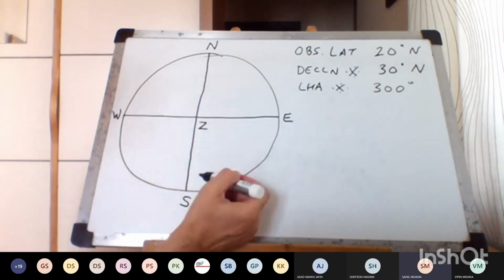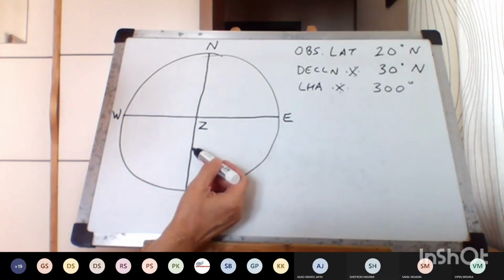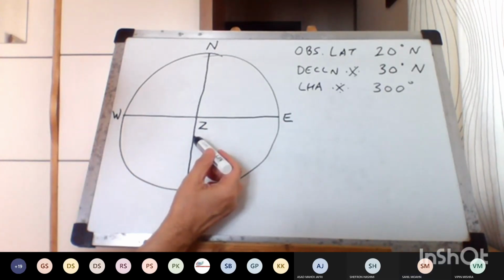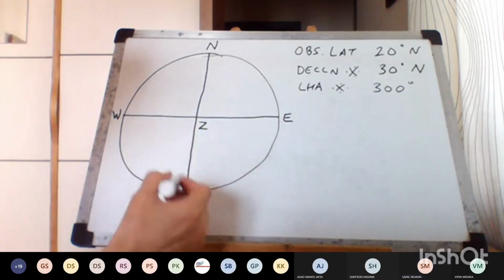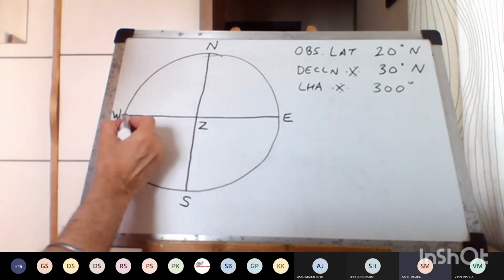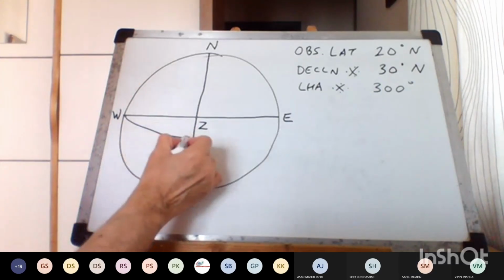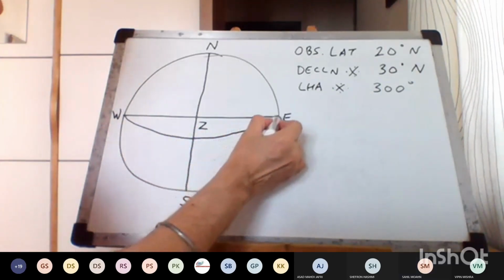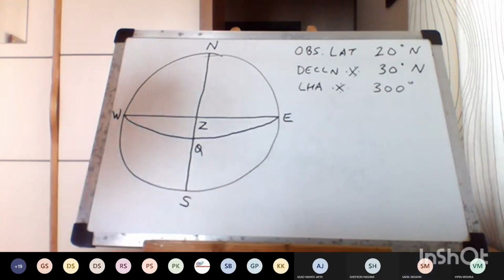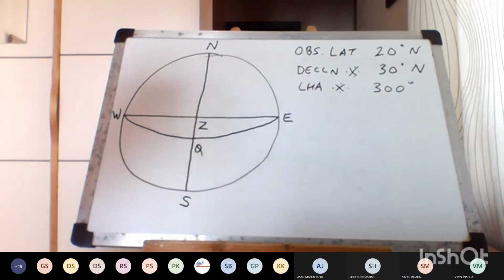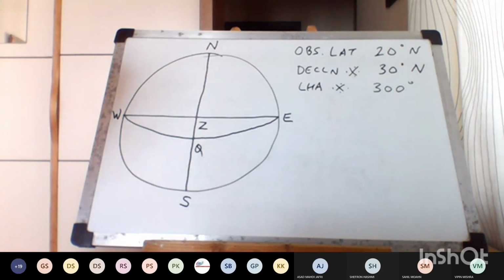So if this is 9, this is 4.5, and 20 degrees would be somewhere here, correct? Latitude is 20 degrees north, so we draw the equinoctial like this, WQE. Okay.